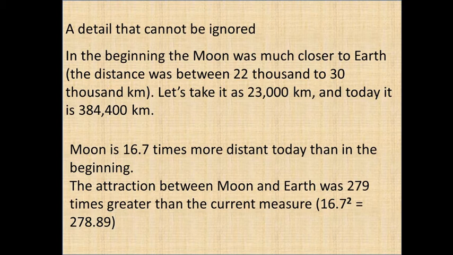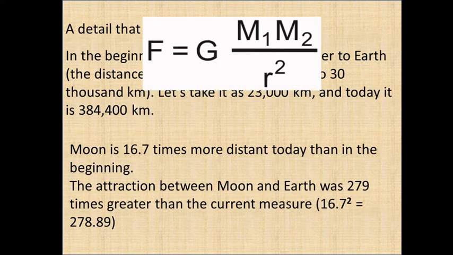And so the attraction between Moon and Earth was 279 times greater than the current measure. And we get to this 279 if we take this 16.7, the square of 16.7 is 278.89. So we put 279. Why? Because of the universal gravitational force. It's Newton's law.